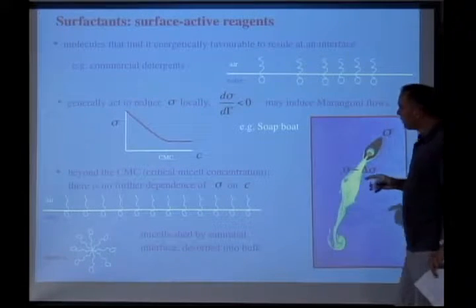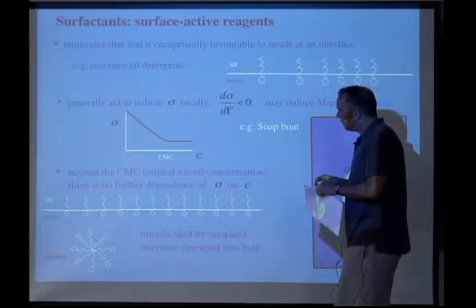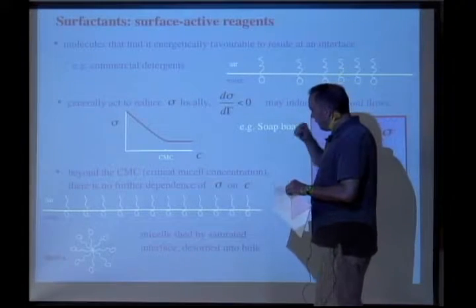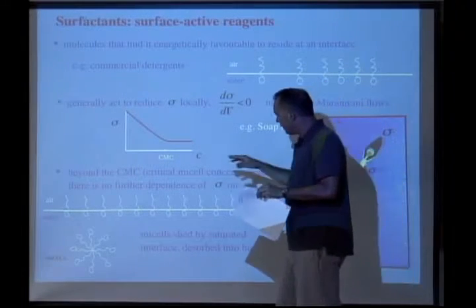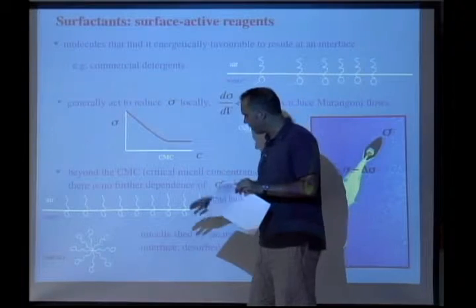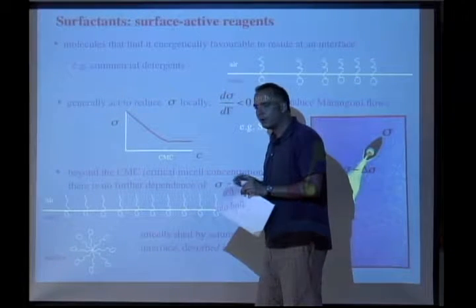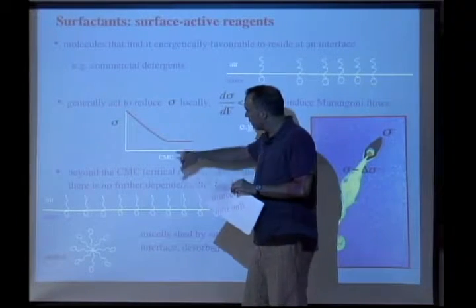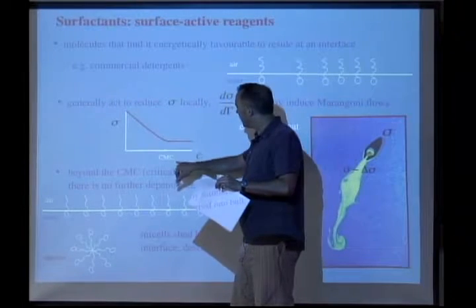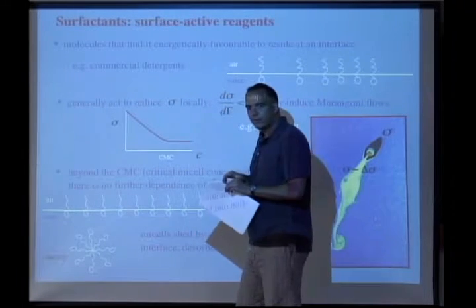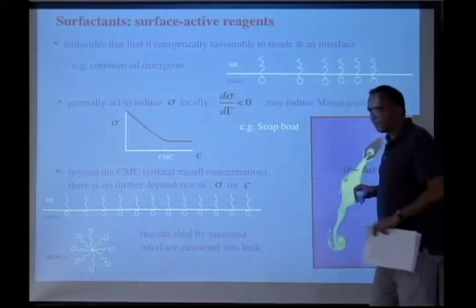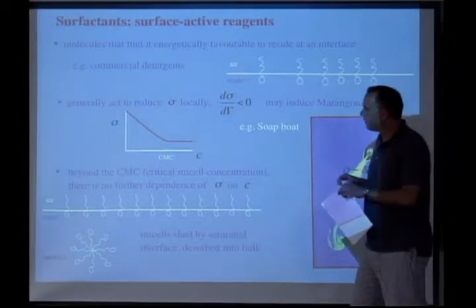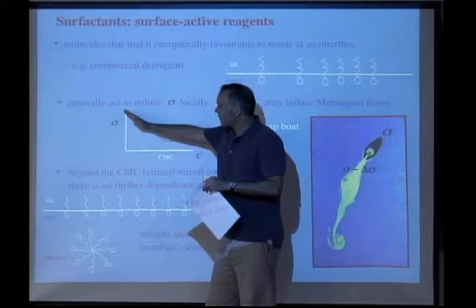Okay? And so the actual surface tension depends on the concentration of these surfactant molecules in the bulk, say soap molecules. Okay? And it turns out it's kind of nice in that there's a linear dependence.